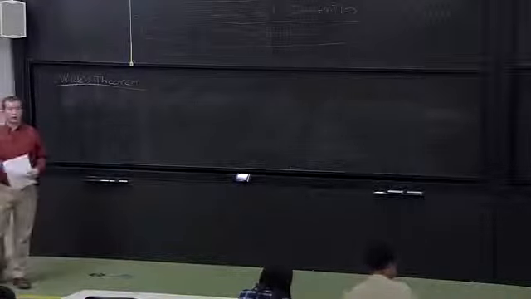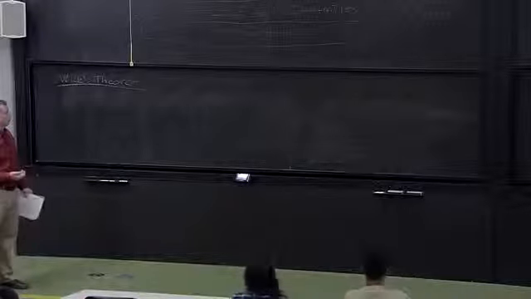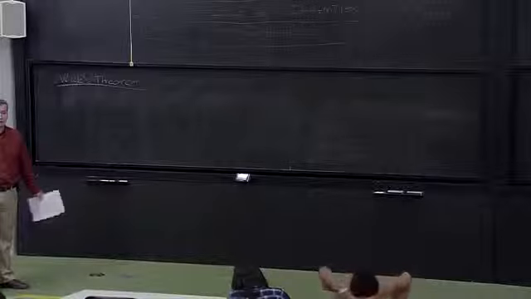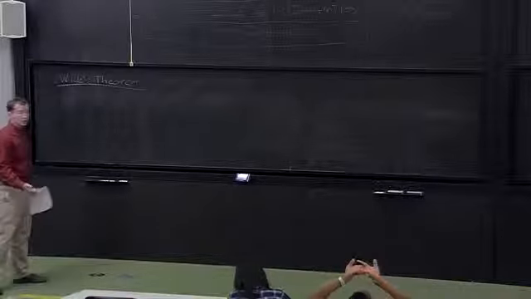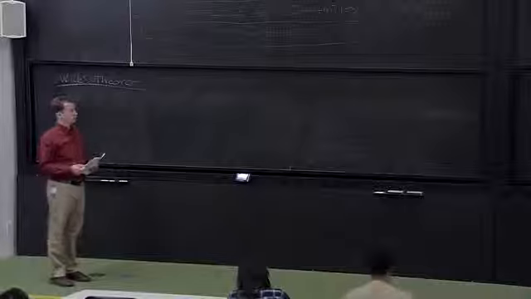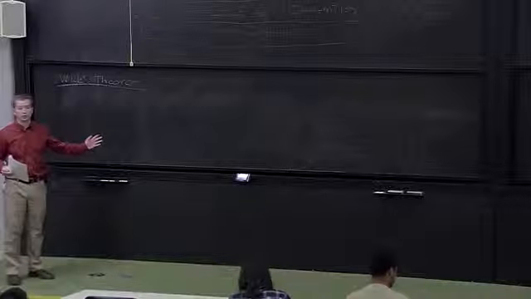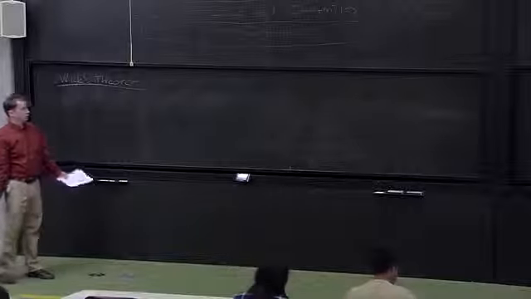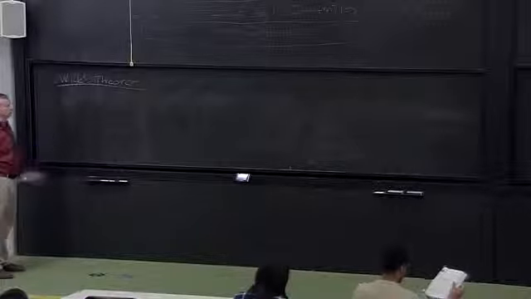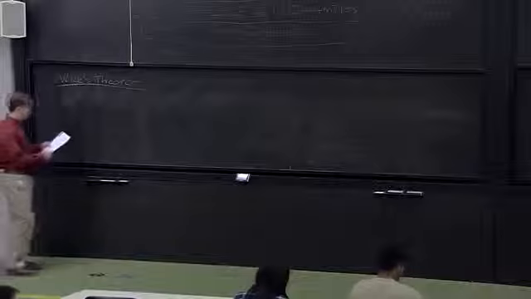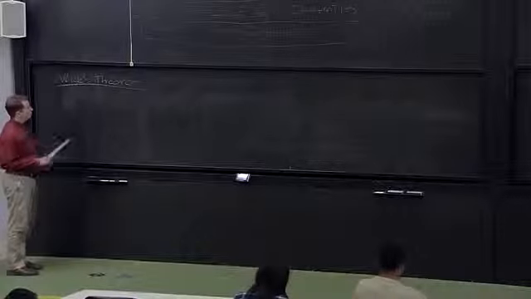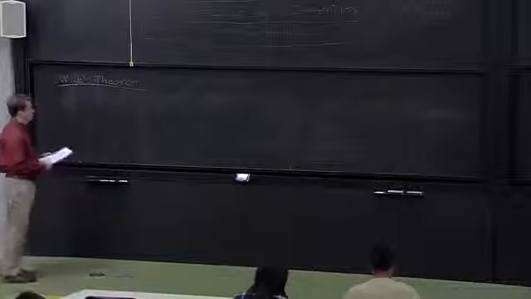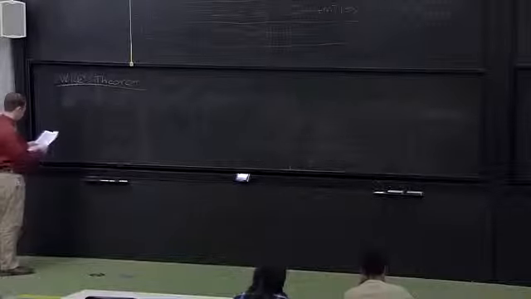Normal-ordered products of fields are particularly convenient when we're taking an expectation value, because the expectation value of any normal-ordered product of fields, where all of the creation operators are to the left and all the annihilation operators to the right, is 0, as long as it contains at least one creation operator or annihilation operator. So that's what we're going to do, relate time-ordered products of fields to normal-ordered products.